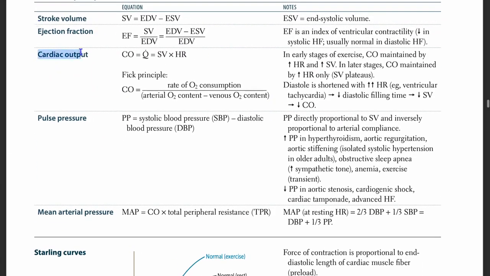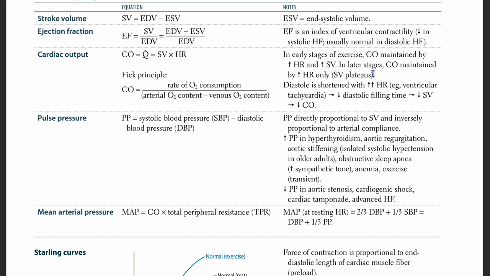Now you have cardiac output, which is stroke volume times heart rate. In early stages of exercise, cardiac output is maintained by increasing heart rate and increasing stroke volume, and then in later stages, cardiac output is maintained by increase in heart rate only, because stroke volume has plateaued.